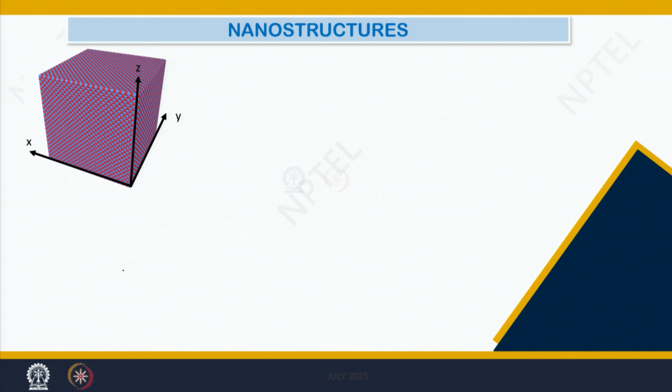We have seen that if there is a bulk material with x, y and z direction growth, you have a 3-dimensional bulk material. So, if you start reducing from one side, what will happen?